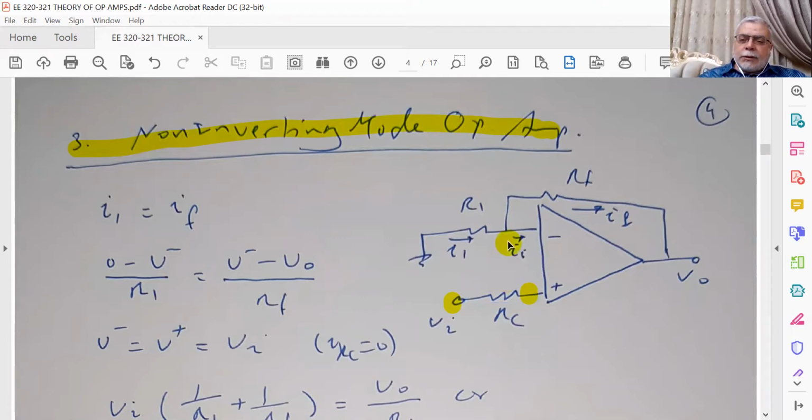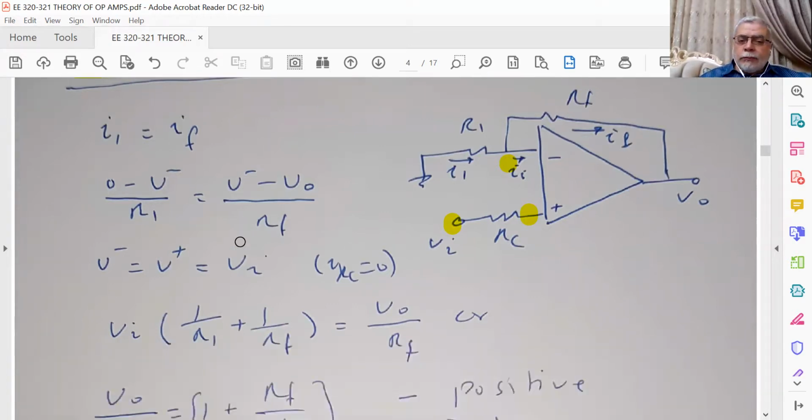Take the same node equation: I1 equals IF, because II equals 0. So (0 minus V minus) divided by R1 equals (V minus minus VO) divided by RF, which is IF.